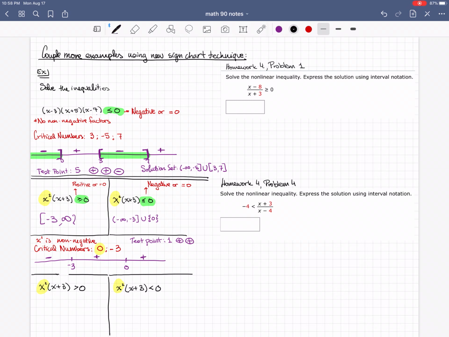Okay, so here is our sign chart again. Let's look at the bottom left-hand inequality. So here we want x squared times x plus 3 to be strictly greater than 0. So that means strictly positive, being equal to 0 is not allowed.